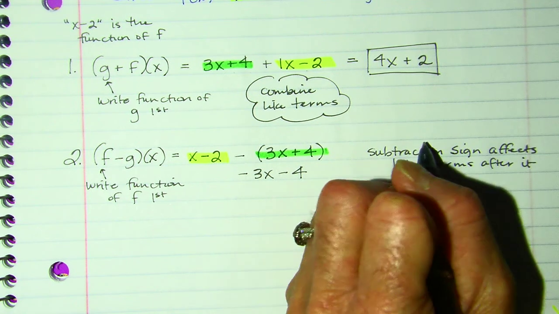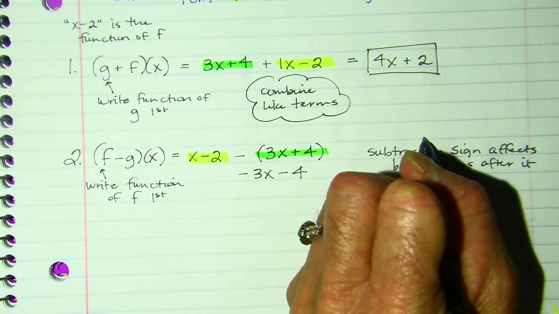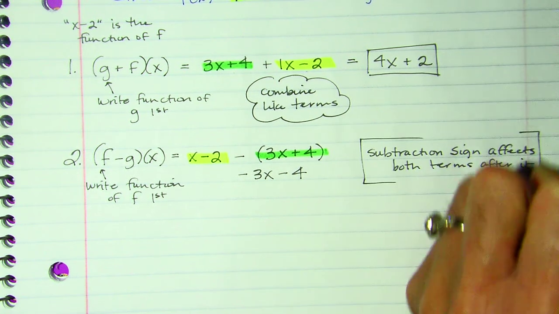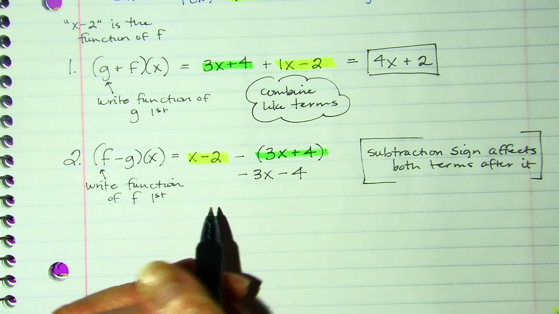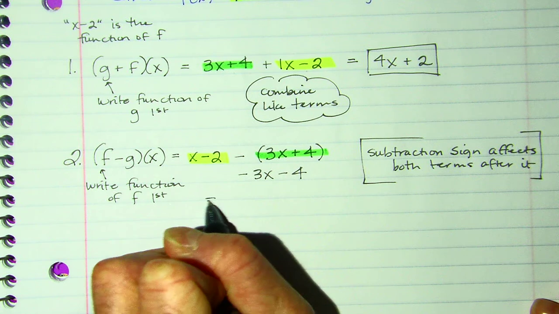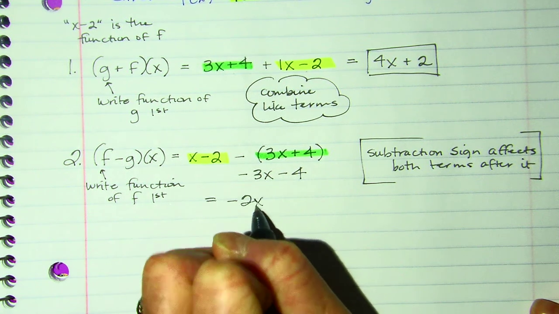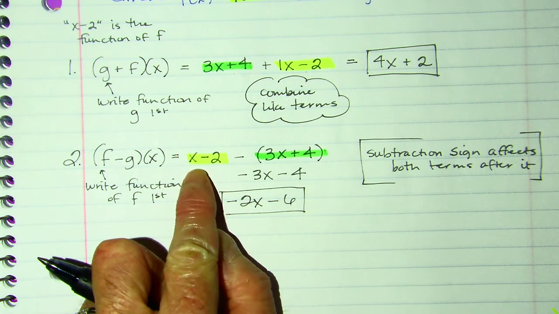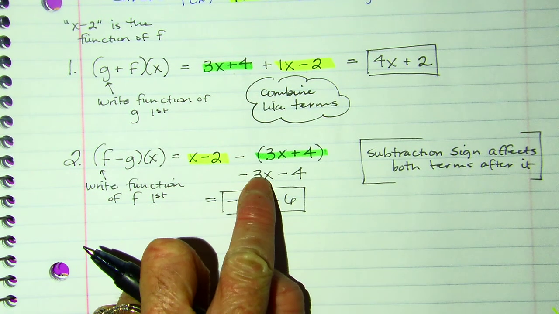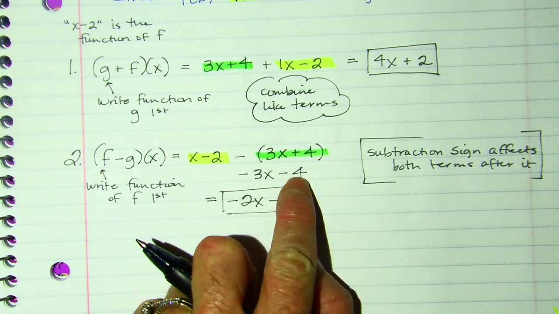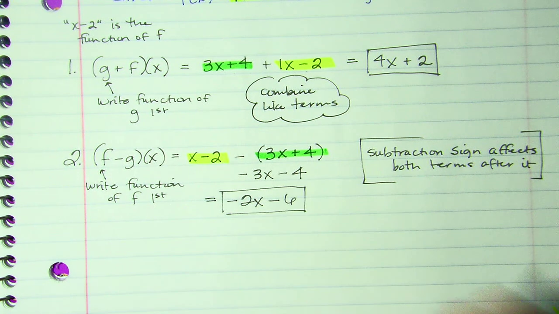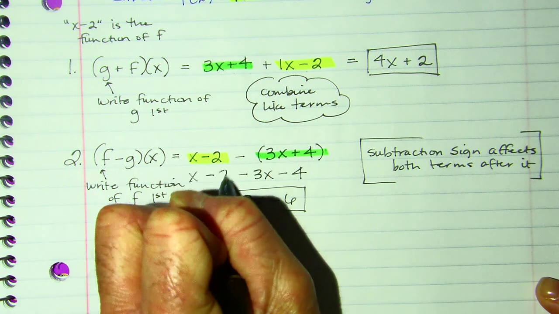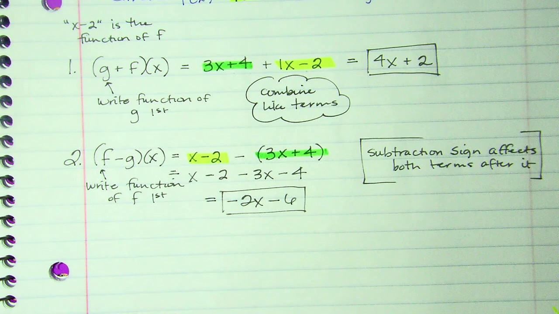Okay? So now I'm going to combine like terms, and so that gives me negative 2x minus 6. Because I combined x minus 3x and negative 2 minus 4. Okay? And if it helps, I will just rewrite it.